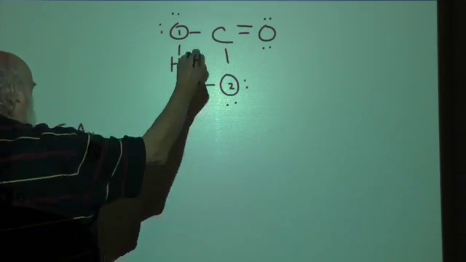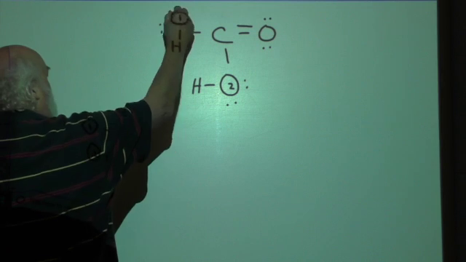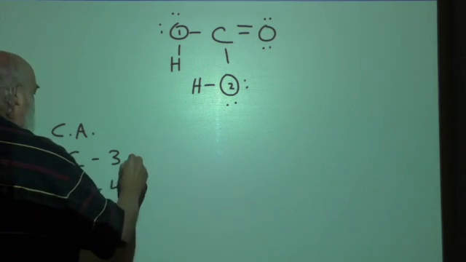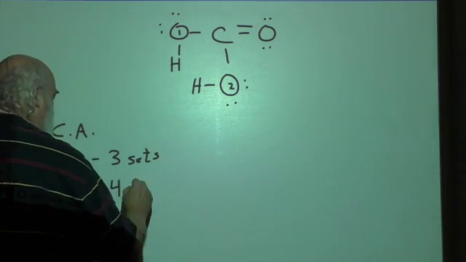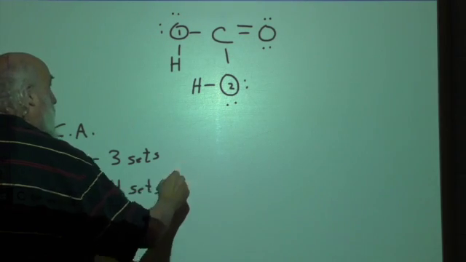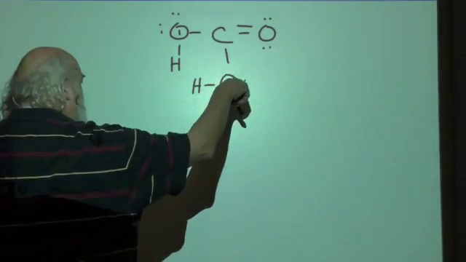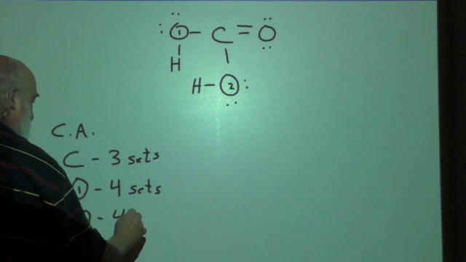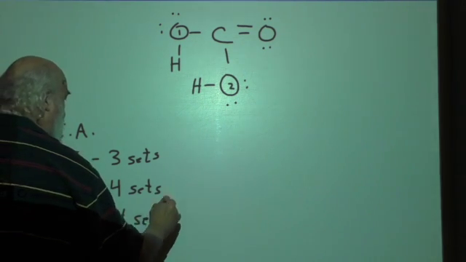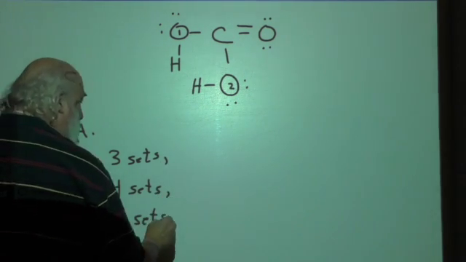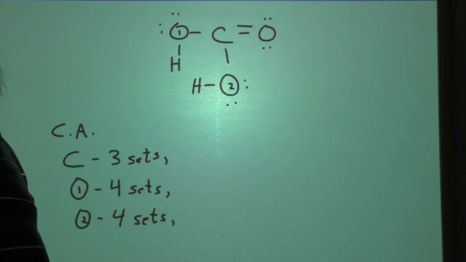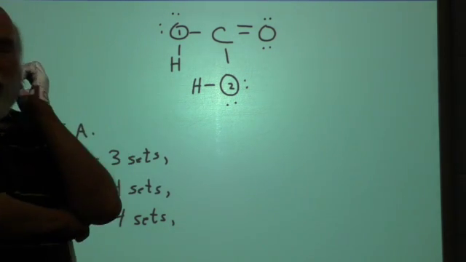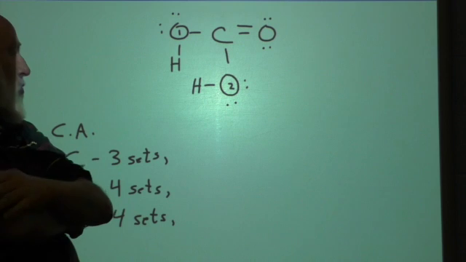Oxygen 1 has 4 sets. And this oxygen number 2 has 4 sets. Now, we go to that chart and identify the degrees that each of those represent.